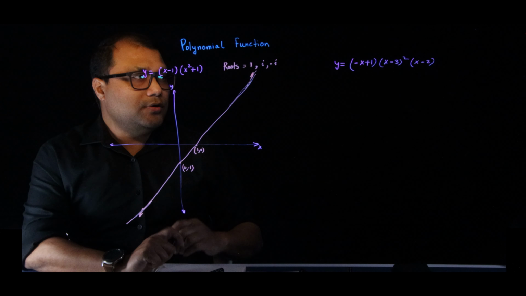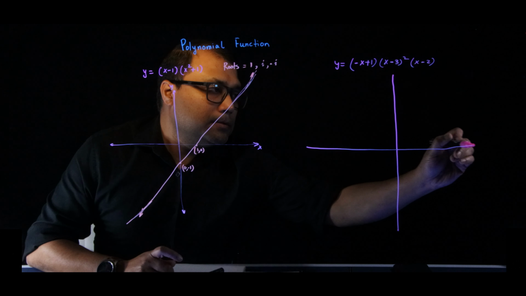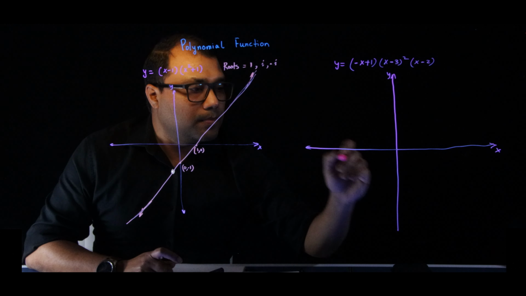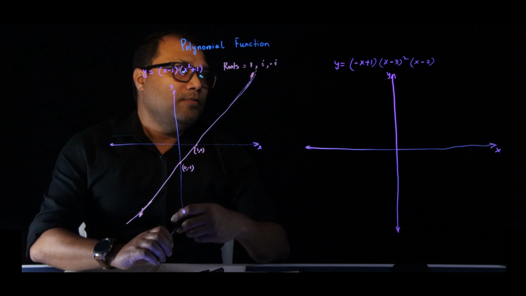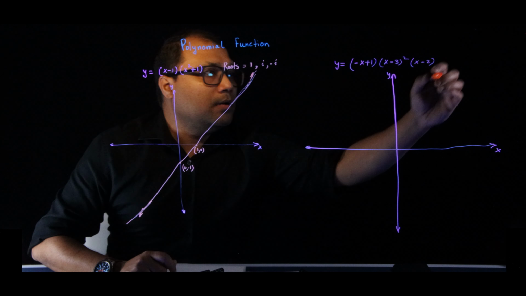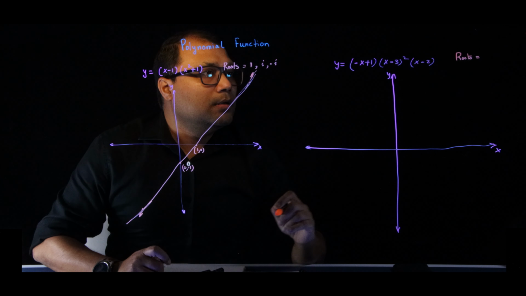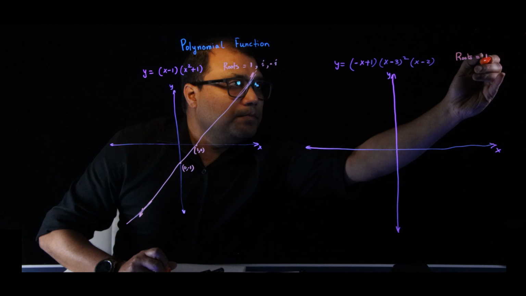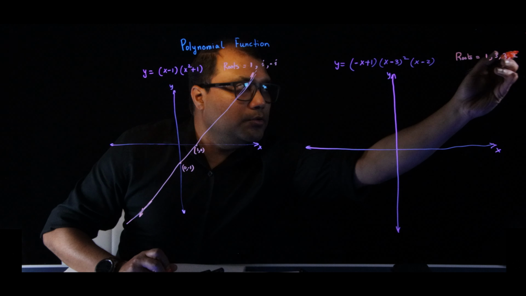Now let's look at this polynomial. X-axis, y-axis. So first thing, what are the roots? Let's write down the roots of this polynomial here. So this is 1, 3 comma 3 comma 2.